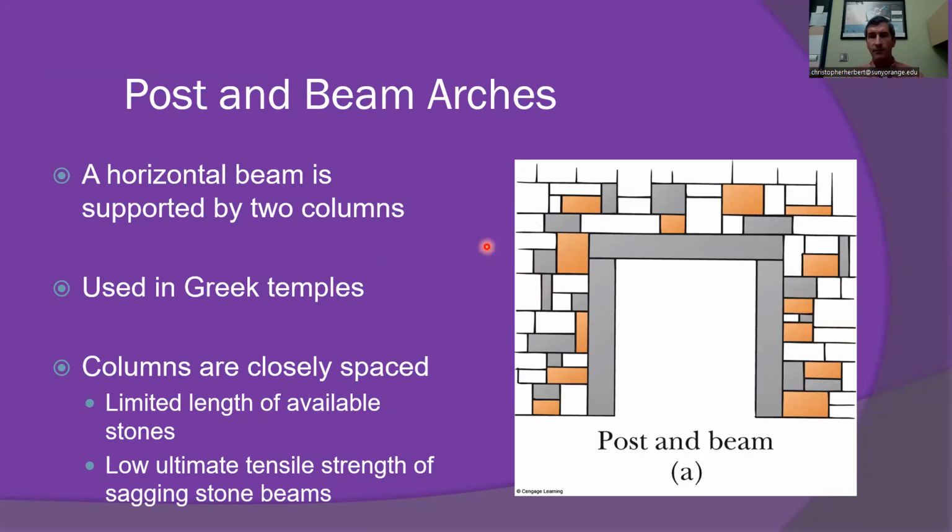And again, for simpler structures, you might have this post and beam type structure where they would have these posts, which would be made out of stone, and then the stone over here. This would be inherently a very weak structure.